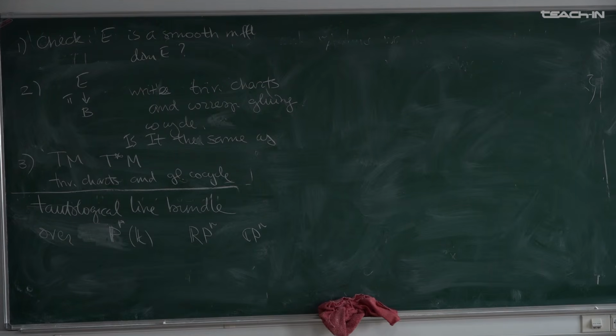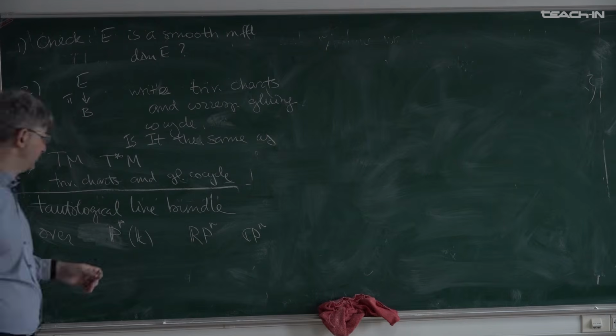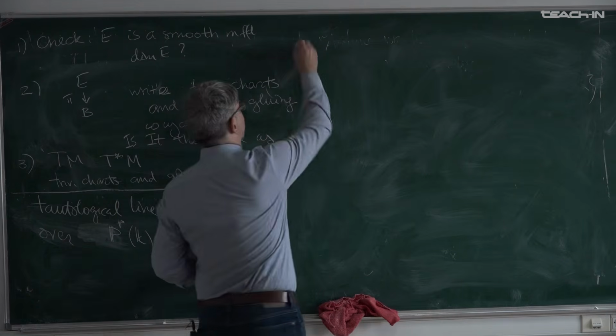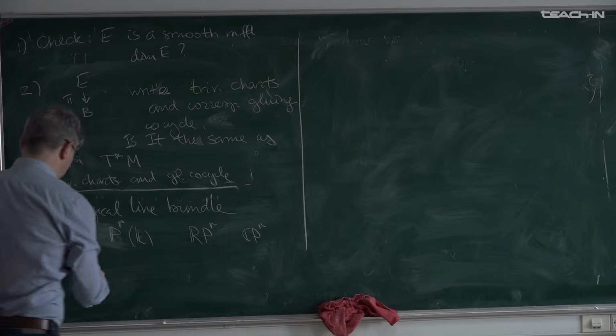Well, the idea is as follows. There is a very specific line bundle, very important in our setting, over each projective space. I will consider the real case. The notation for this thing is gamma.